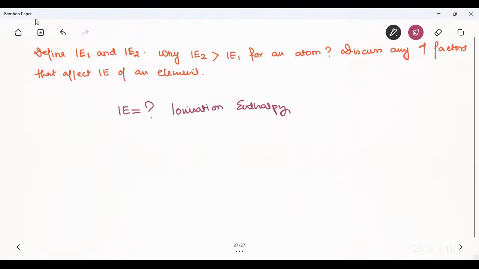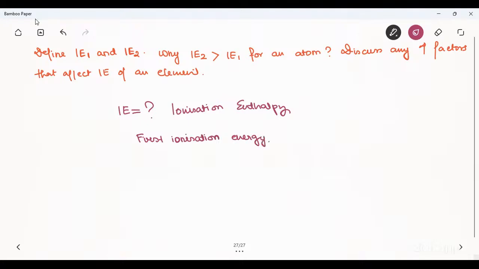This is the definition. It is also known as the first ionization energy.